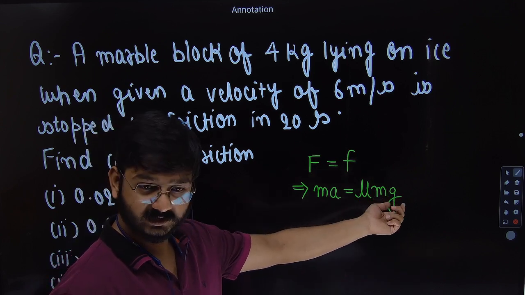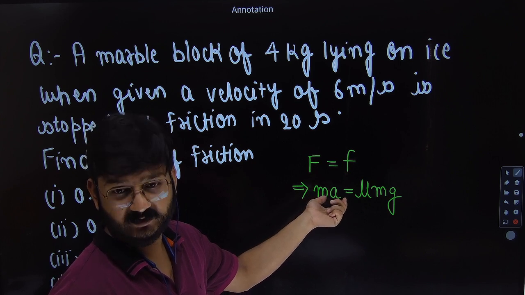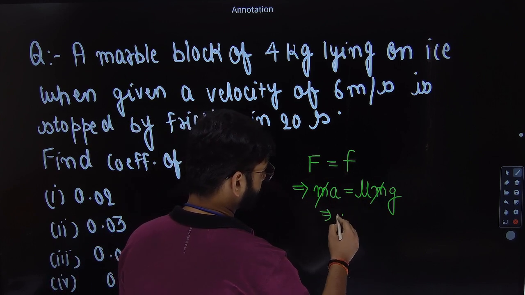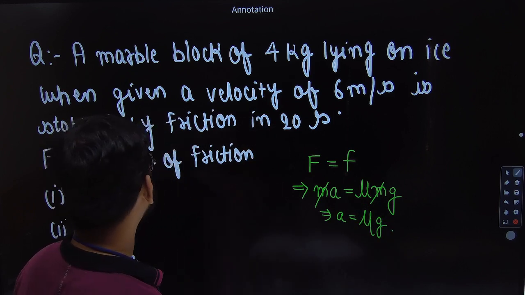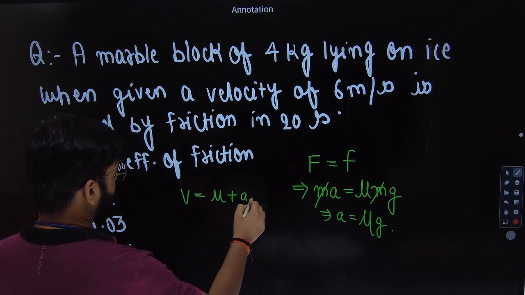So ma is the stopping force. So A will be equal to mu into g. Okay, so V equals U plus AT.